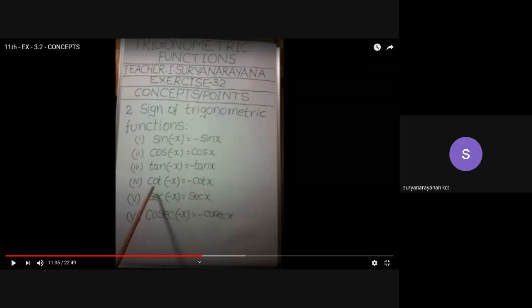All of you tell after me, Ria: sec of minus x is equal to sec x. Very good.